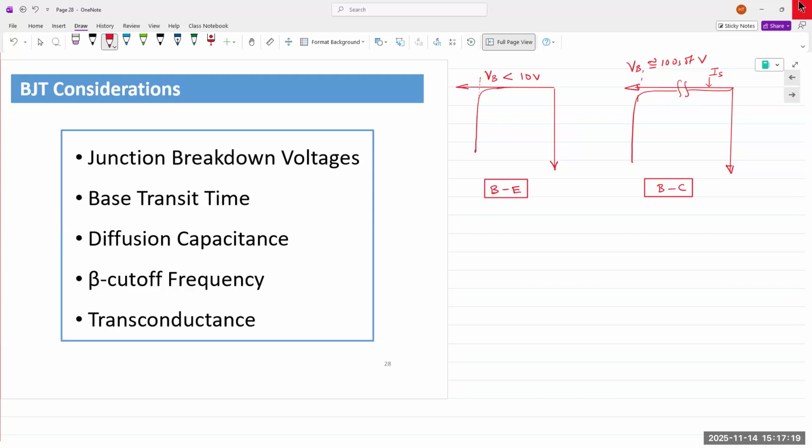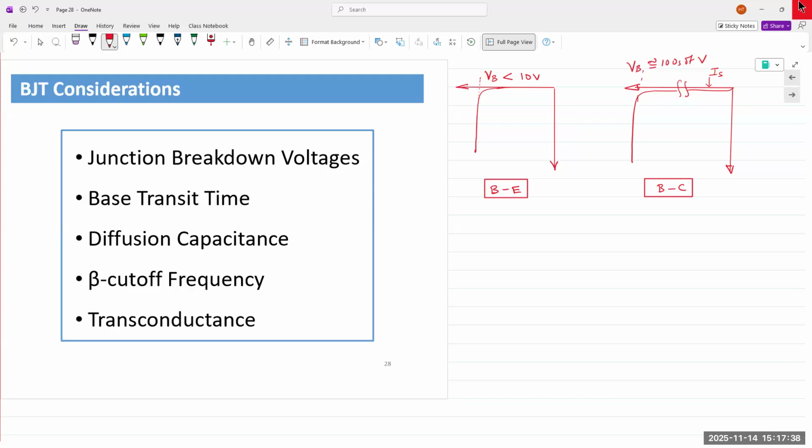All right, base transit time. From the fundamental operation of a BJT, we know that the emitter is so called because it emits, that is, the structure where the charge carriers are generated and emitted, right? So in an NPN transistor, the emitter is N-type.